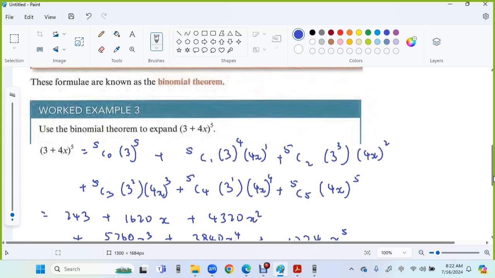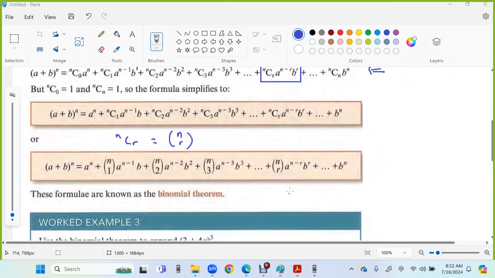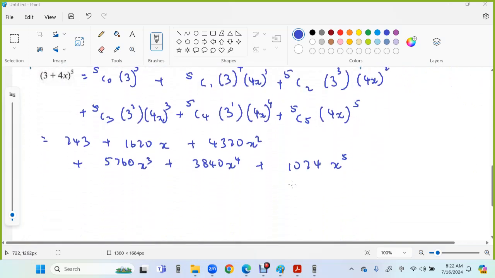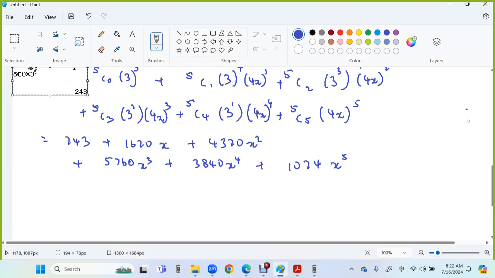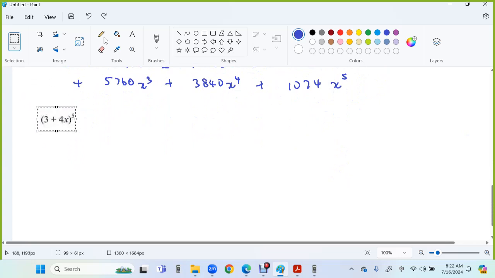This one actually we can solve using Pascal's triangle, 1 5 10 10 5 1. But normally we will use the binomial expansion instead of Pascal's triangle.